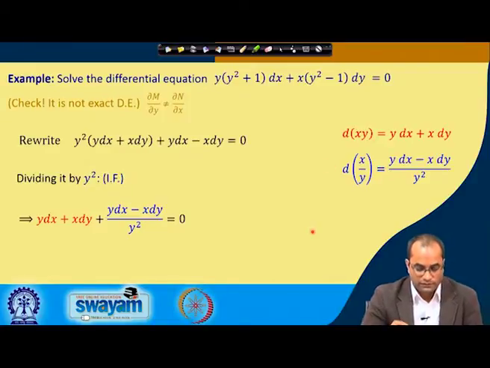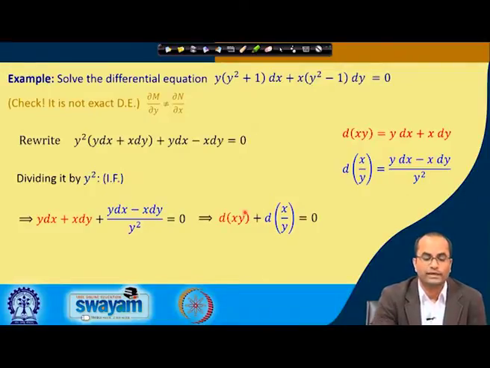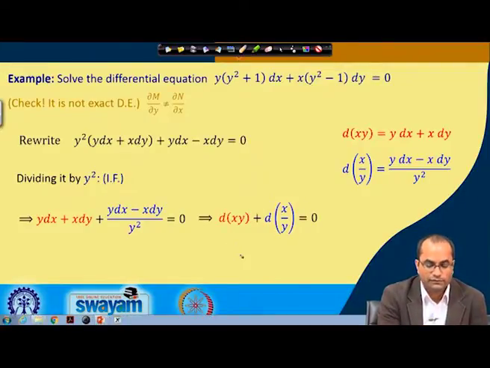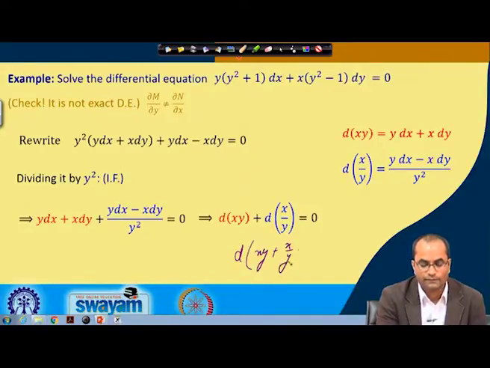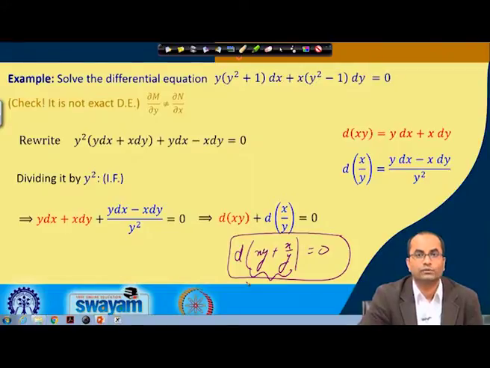Once we know this, we can rewrite it as the differential of xy plus the differential of x/y, meaning we have the differential of xy + x/y equal to 0. So, we have this function f whose differential is now the given differential equation.